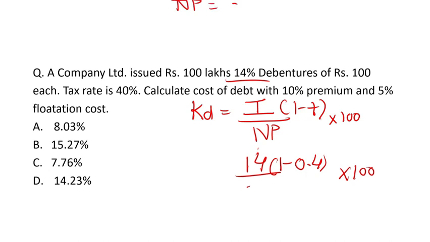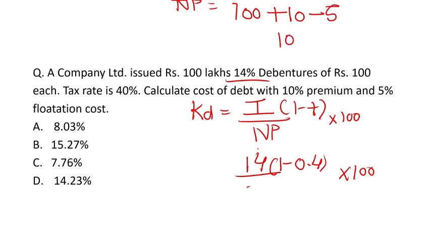First of all, you are given 100 as the face value, and it says the debt is issued at a 10% premium. So first you have to add the 10, and then subtract the 5% flotation cost, the 5.